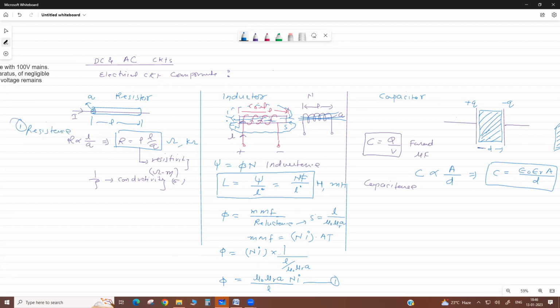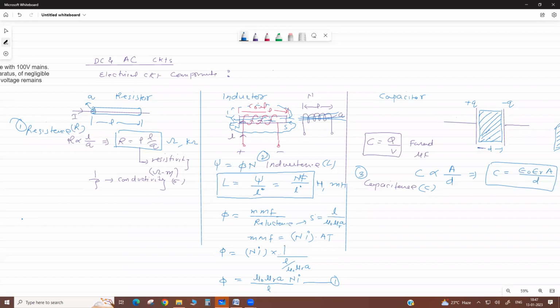First is resistance, second is inductance, and this is capacitance. This is denoted by C, this is L, this is R.